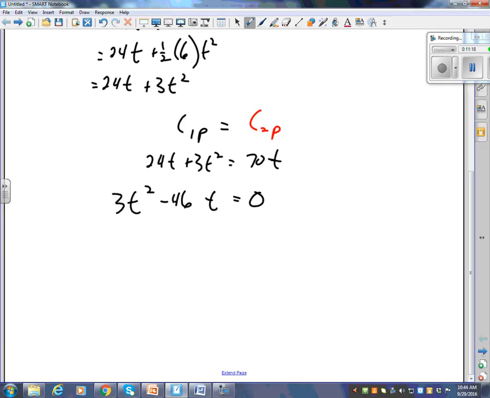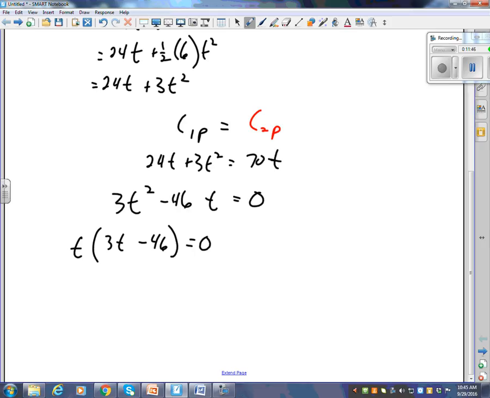You can still plug it into the quadratic formula, and I'm going to do that because I want to go through quadratic formula with people, but it means that you can factor it. You can take a t out of each one, and you end up with 3t minus 46 is equal to 0.